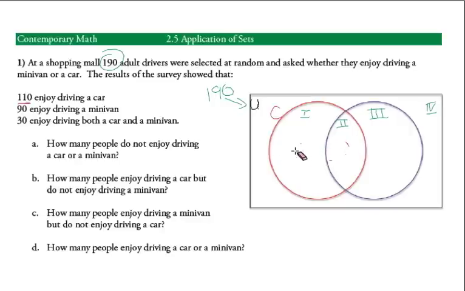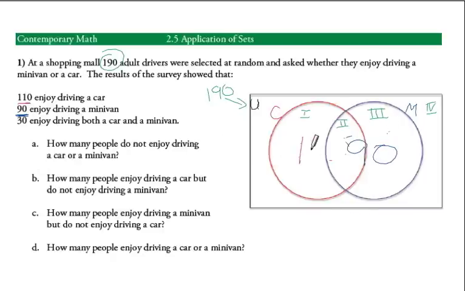So we need to figure out how many go in each region. Now, for 90 enjoy driving a minivan, that's going to be this blue circle right here. We'll call this the minivan set. Now within this entire set, we're going to have 90 total. Again, we have two regions though. We need to figure out how many belong in each one.